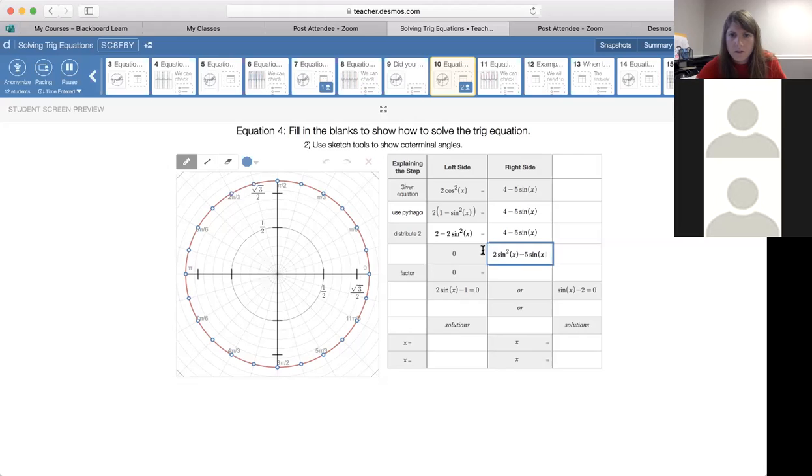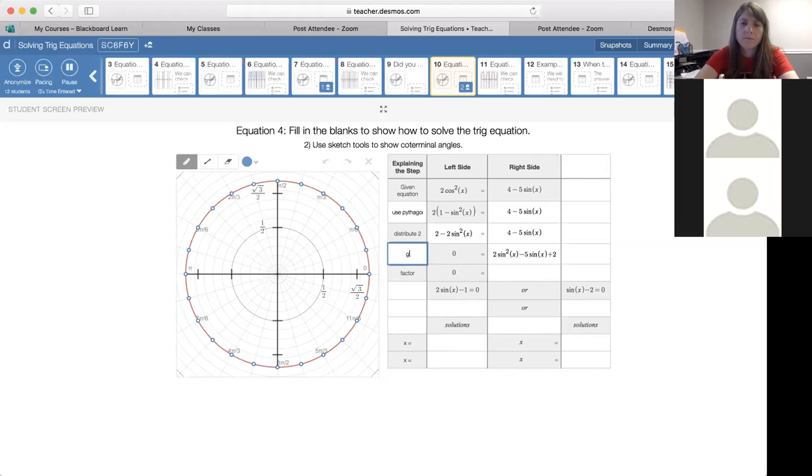And then I need to subtract 2, but I already have the 4, so that's going to be plus 2. Okay, so the description of that is going to be, let me make it, get equals 0.